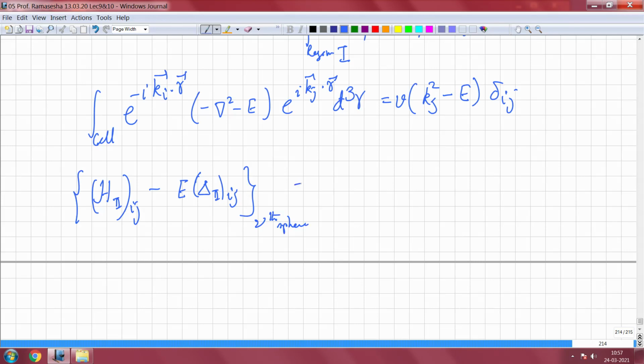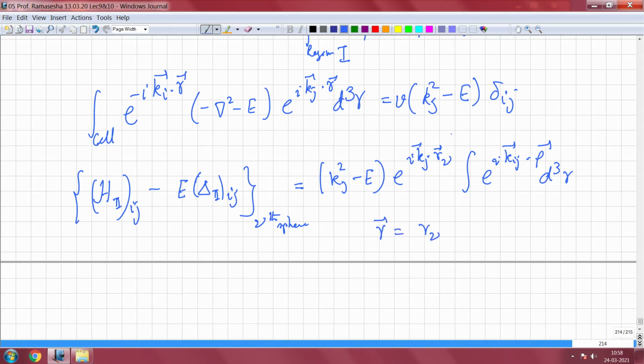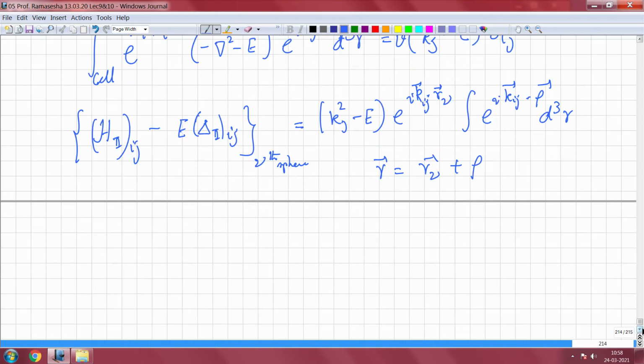So this I can actually write as k j squared minus E times e to the i k j dot r nu, times the integral of e to the i k i j dot rho d cubed r, because r is equal to r nu plus rho.